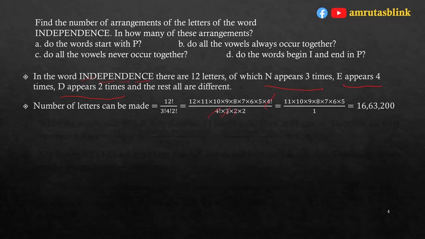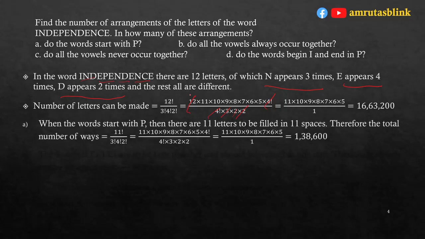This 3 into 2, 6 into 2 is 12. So this 12 and 12 from the numerator will get cancelled. So we have 11 into 10 into 9 into 8 into 7 into 6 into 5, that is 16,63,200 words we can make.